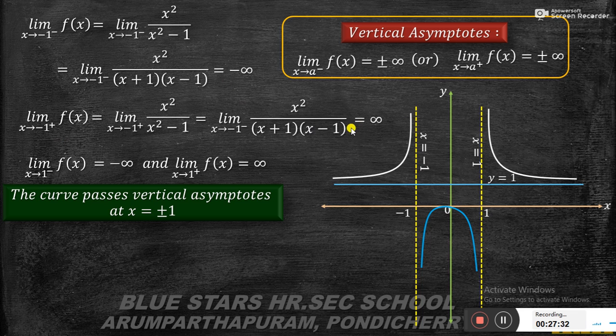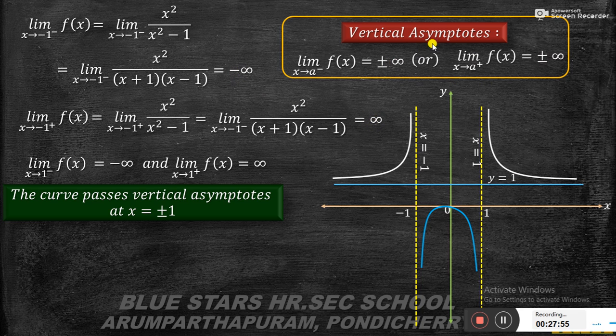So you see both answers are the same. That means, not the same: it is minus infinity and plus infinity, but it represents the vertical asymptotes. Because the vertical asymptote condition is plus or minus infinity, the answer will be plus infinity or minus infinity, any one of these two will come. So here minus infinity and plus infinity.